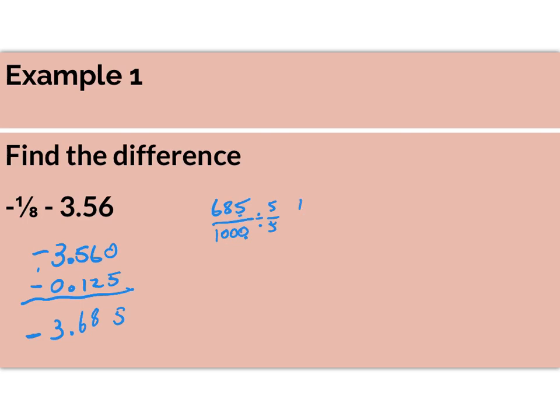Subtracting, we get 1, 18, 3, 35, 7. 685 divided by 5 is 137, and 1,000 divided by 5 is 200. So negative 3 and 685 thousandths becomes negative 3 and 137 over 200. Okay, there you go. Example 1 done.